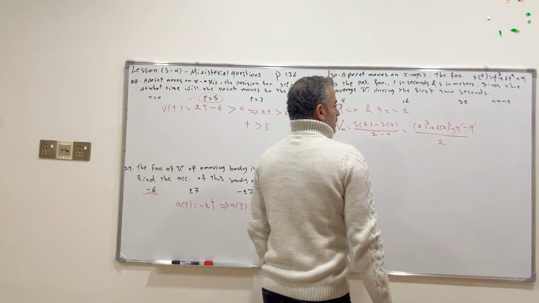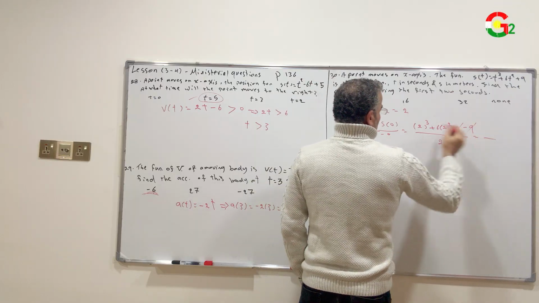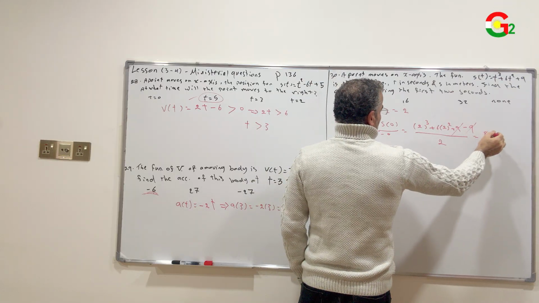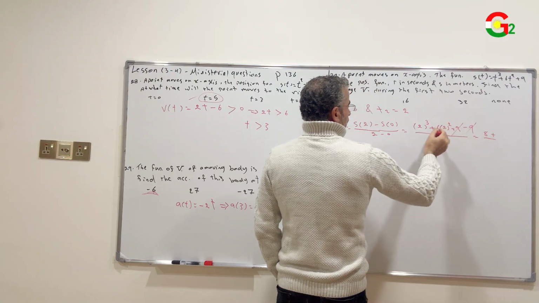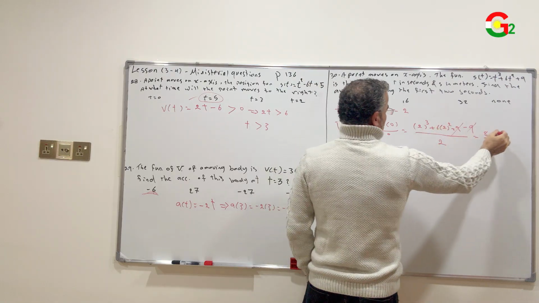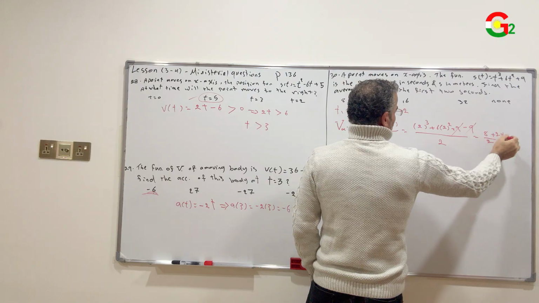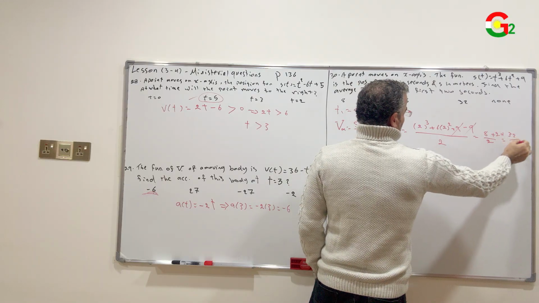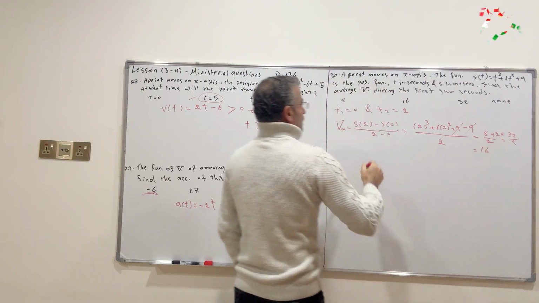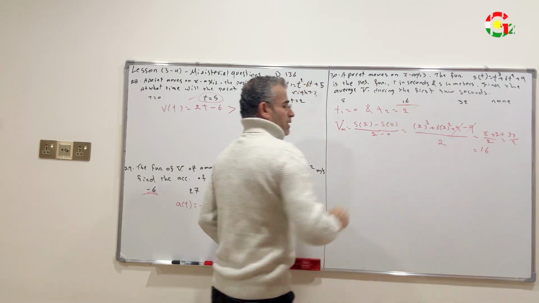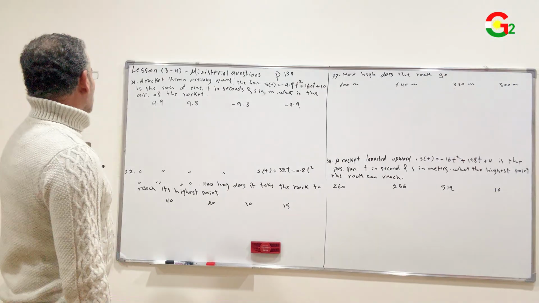Negative 9 with positive 9. 2 to the power 3 is 8 plus 2 squared 4 times 6 is 24, over 2. 32 over 2 equal to 16. Choice B.